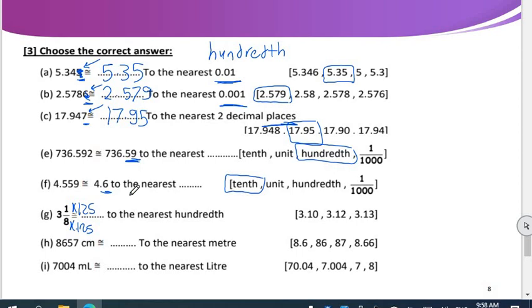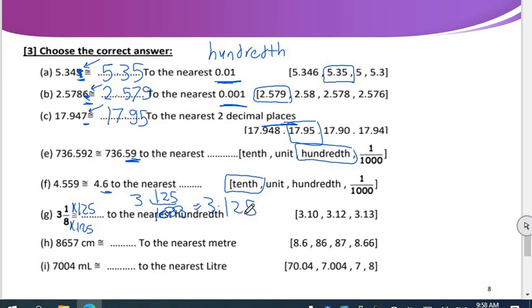So 3 stays a whole number. 1 multiply 125 equals 125. And 8 multiply 125 equals 1000. So it equals 3.125. In here we have a decimal number, so we can approximate it to the nearest hundredths.